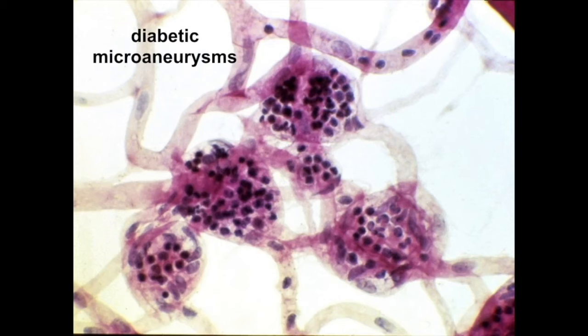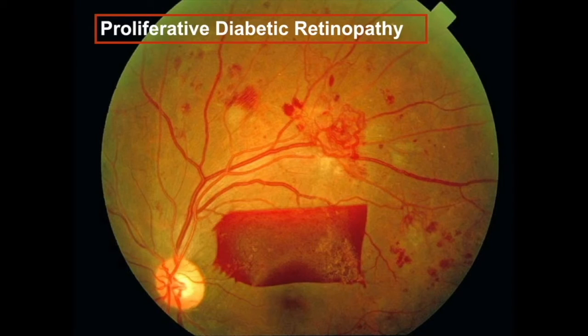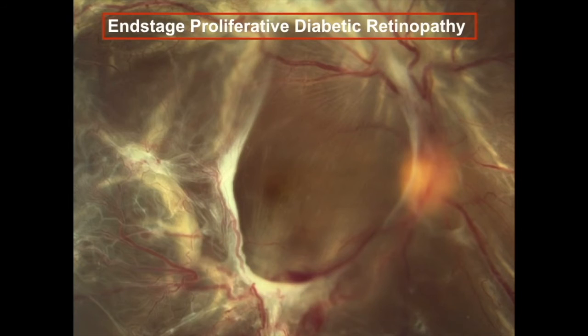Diabetic microaneurysms are seen in this trypsin digest. In proliferative diabetic retinopathy, we have neovascularization that can occur in the optic disc or elsewhere in the retina. This can lead to what used to be termed retinitis proliferans, extensive areas of membrane formation, scarring, and tractional retinal detachment.